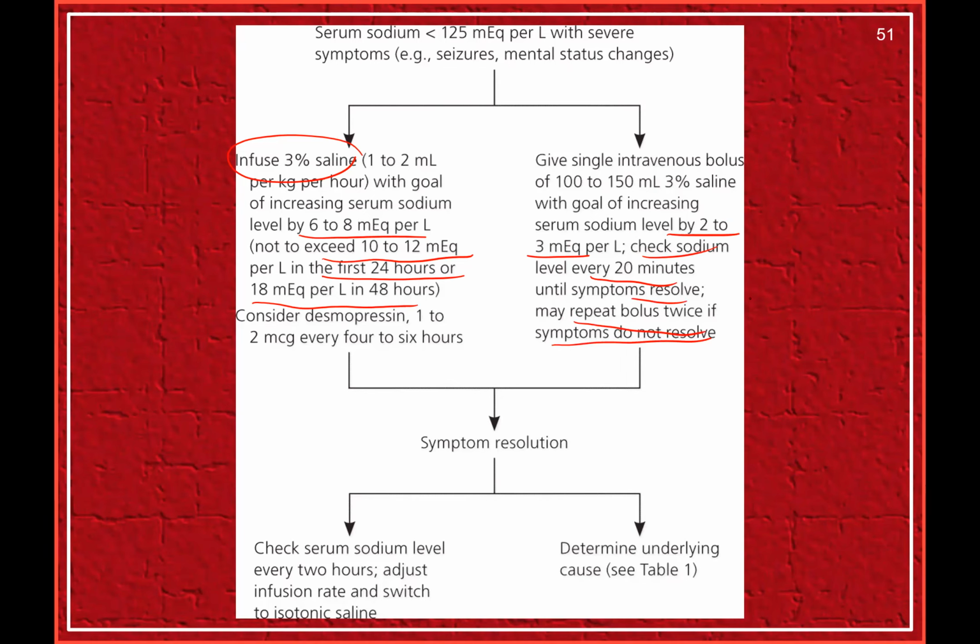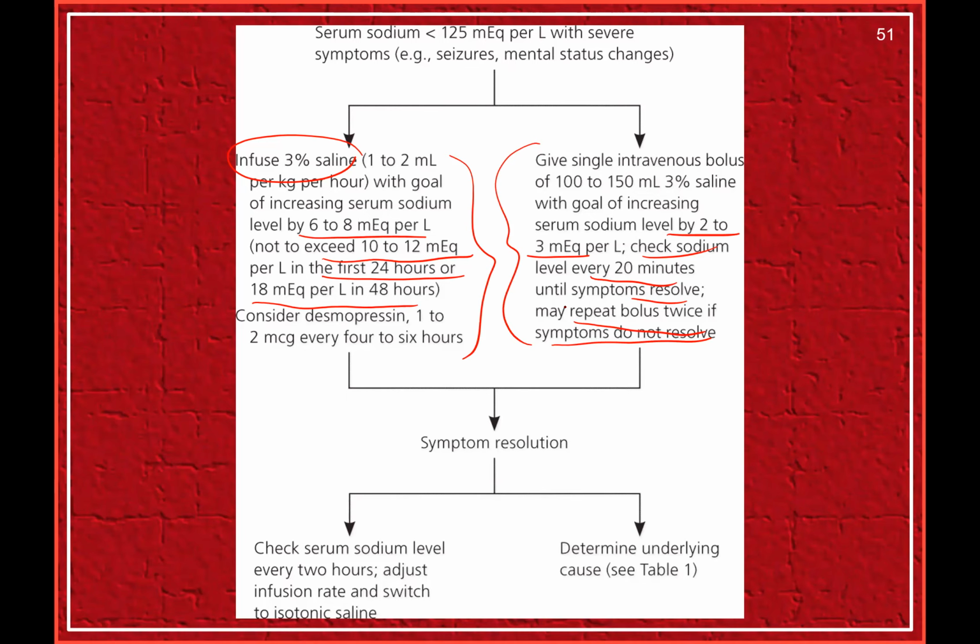This form of treatment also is available. This is a little slower infusion over a period of 6 hours, 24 hours, and 48 hours. The other is much faster, depending on the severity of the hyponatremia. Both protocols are available. Then look for the symptom resolution. What are the symptoms?